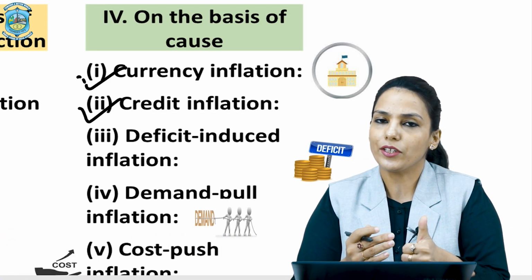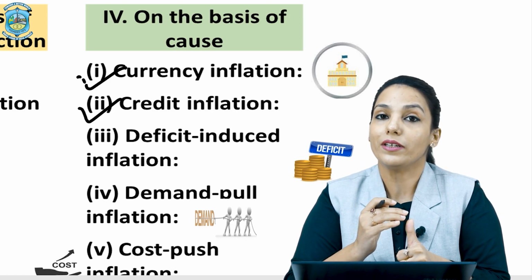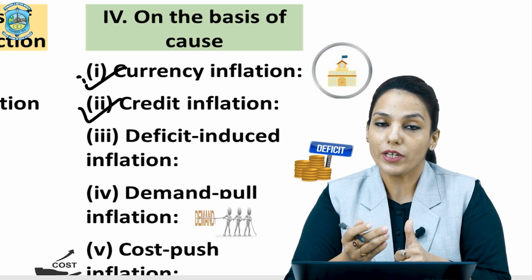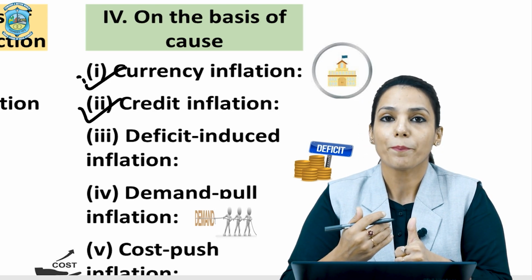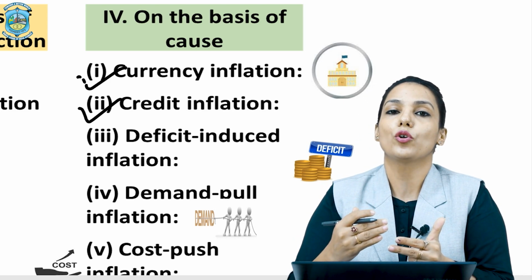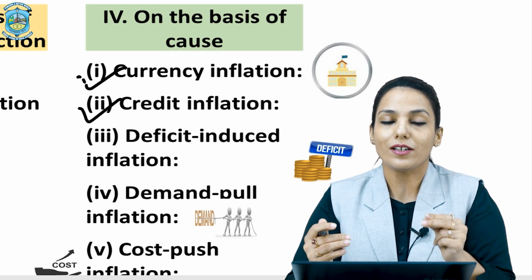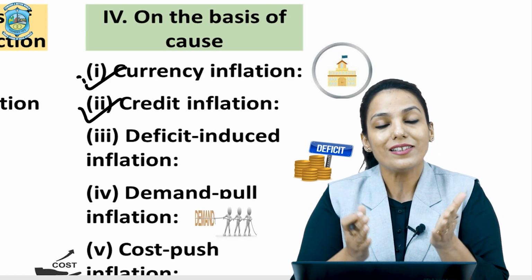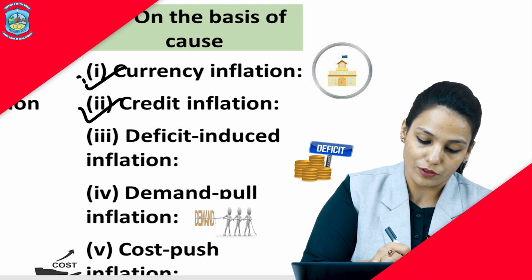These methods can include taking more loans. These loans can be internal, from within the economy, that is internal debt, or external, through the IMF or the World Bank. It can resort to printing more money, or it can resort to using more reserves. When any of the three methods is used to fulfill this deficit, it is called deficit induced inflation.